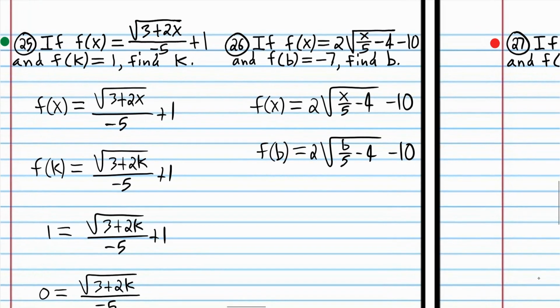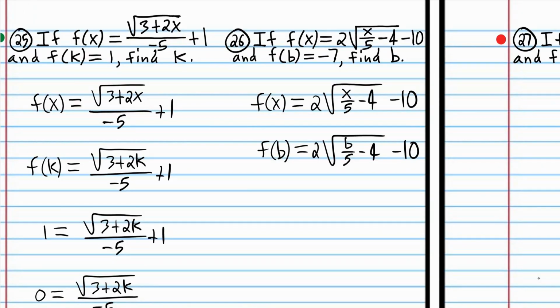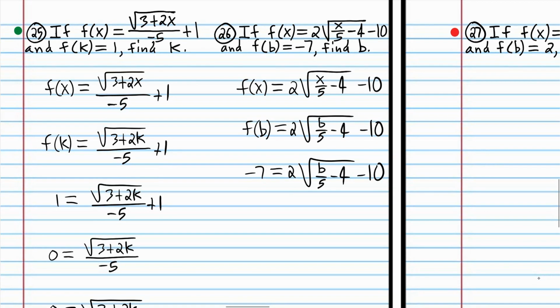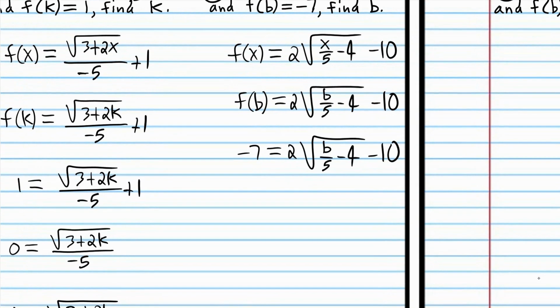And we also know that f of b is equal to -7. And so now we just have to solve the equation. Let's isolate the square root symbol. So I'm going to add 10 to both sides.